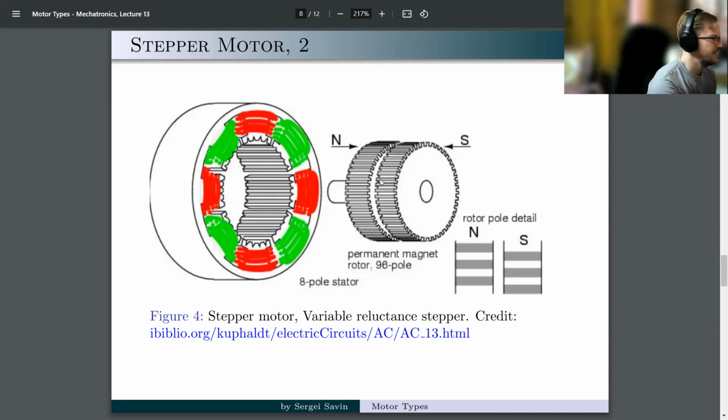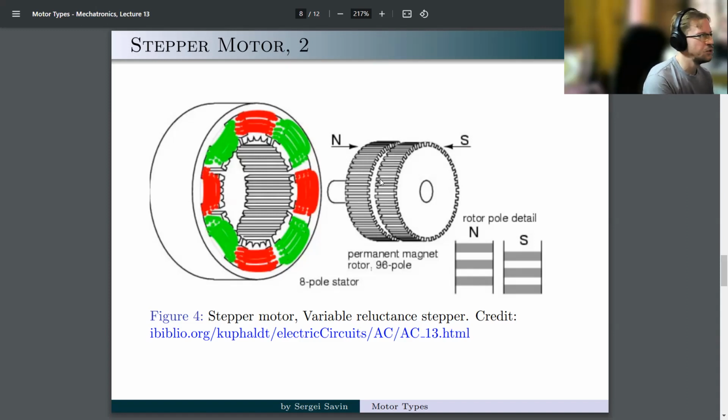That is why these motors are usually used in stationary stuff. For example, 3D printers, an obvious application for placing something in the correct position. That is where stepper motors are used. They're used in various other stationary robots, but not where you need a lot of torque.